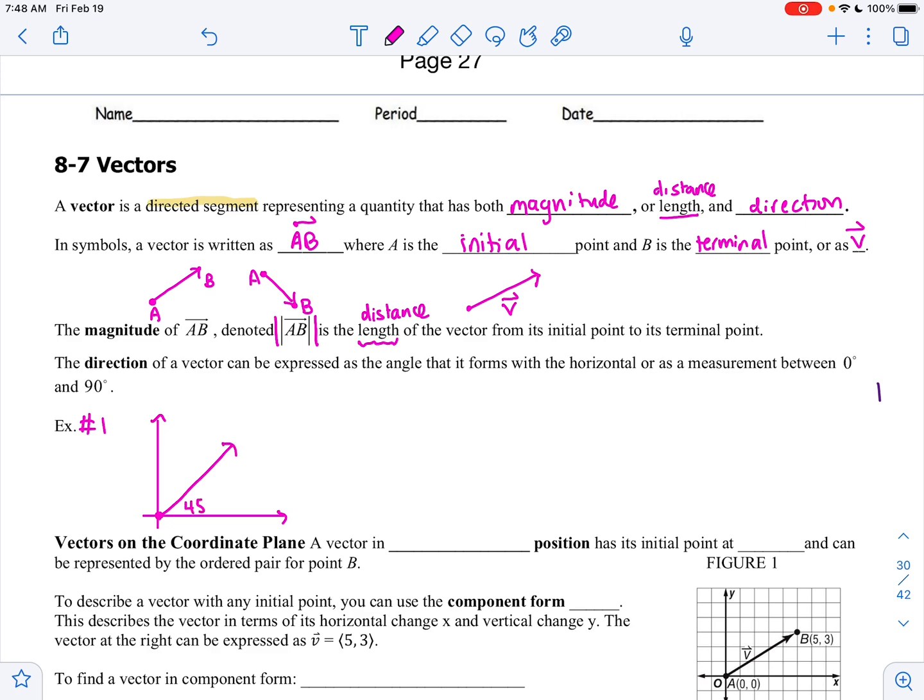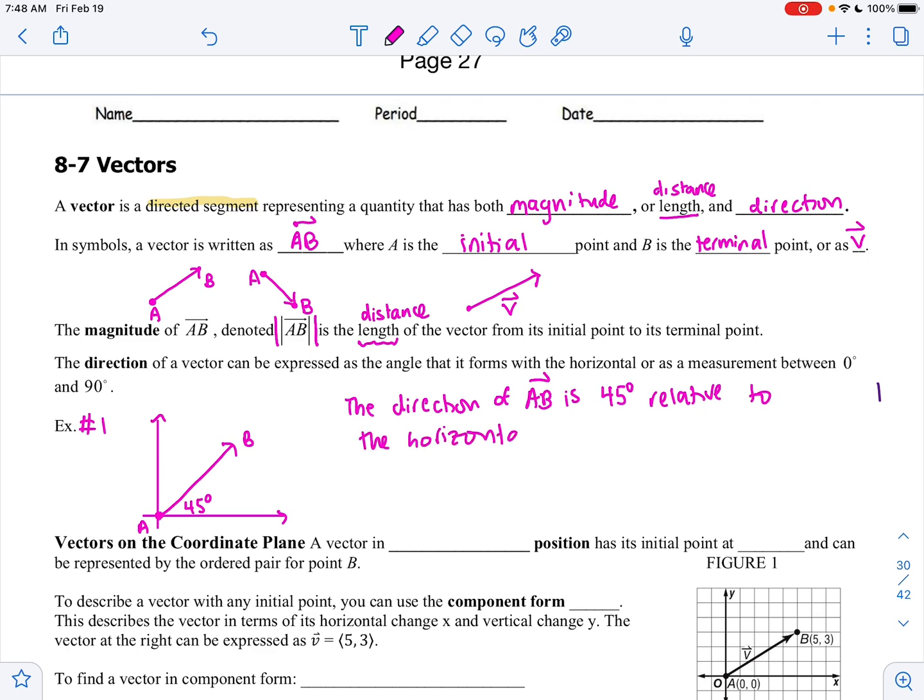So we'll say this is a 45-degree direction, a vector AB pointing in a 45-degree direction. And I would describe this as the direction of vector AB is 45 degrees relative to the horizontal.